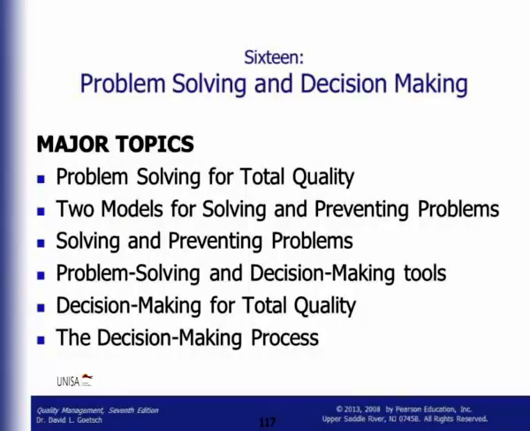Chapter 16 is very important in your everyday lives. It looks at problem solving and decision making. Some of the major topics are problem solving for total quality, the two models for solving and preventing problems, problem solving and decision making tools, decision making for total quality, and the decision making process.